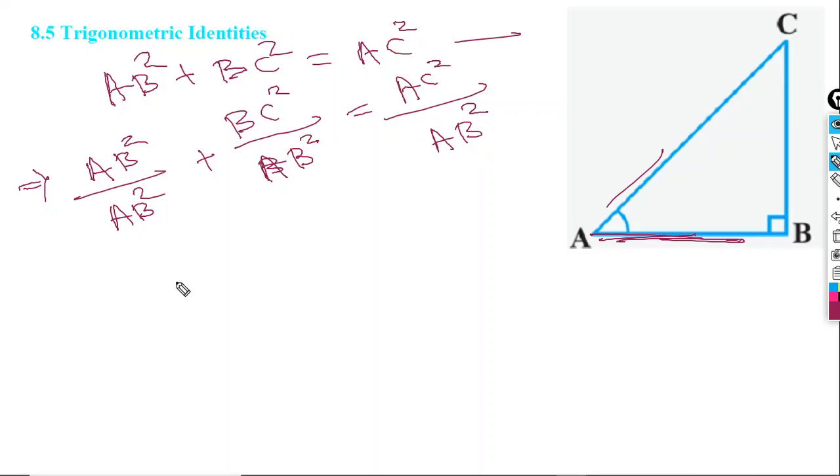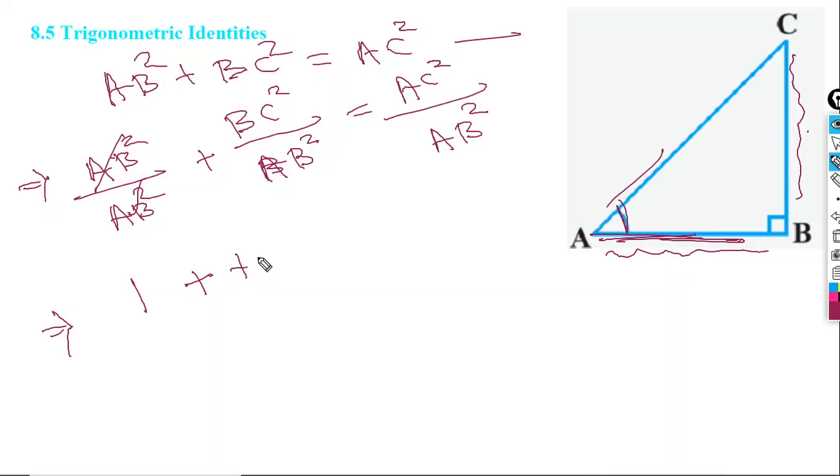AB square by AB square will be cancelled, so 1 plus BC square by AB square. Look at the figure: BC by AB, for angle A, is side opposite divided by adjacent side, so that will be tan.